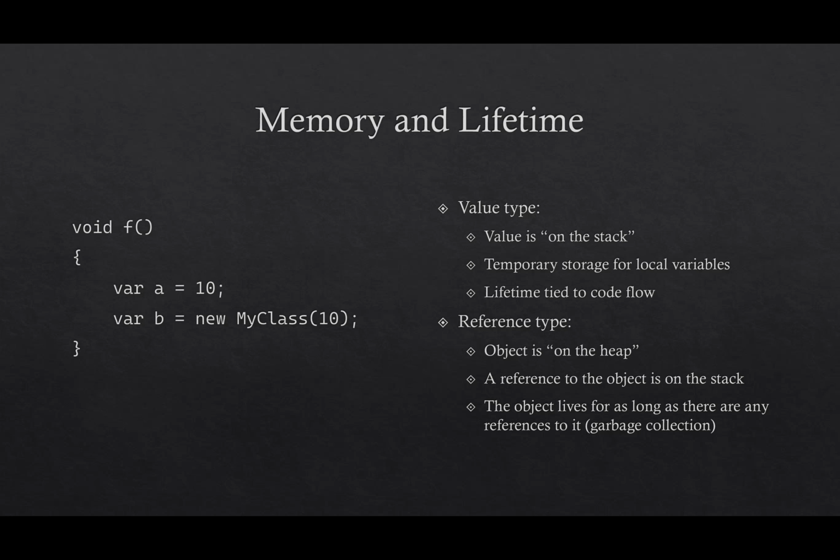As we enter a function, as a function is called, a stack frame is created for that function and pushed on top of the stack. That stack frame includes the return address, where in the code to return to after the function returns, and it also includes parameters passed to that function, and the local variables within that function.